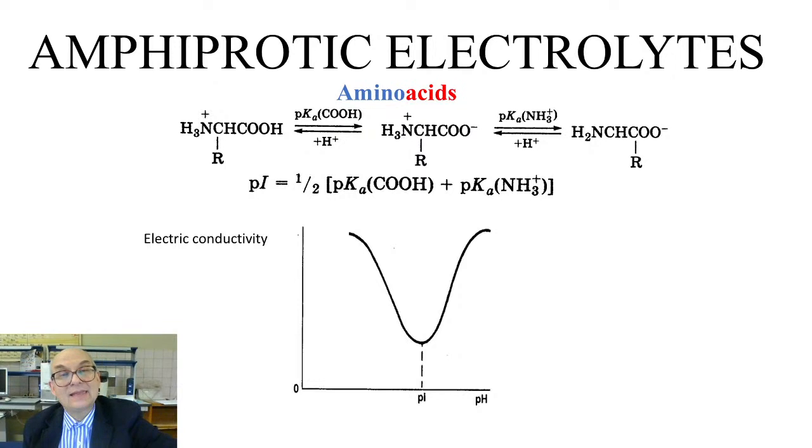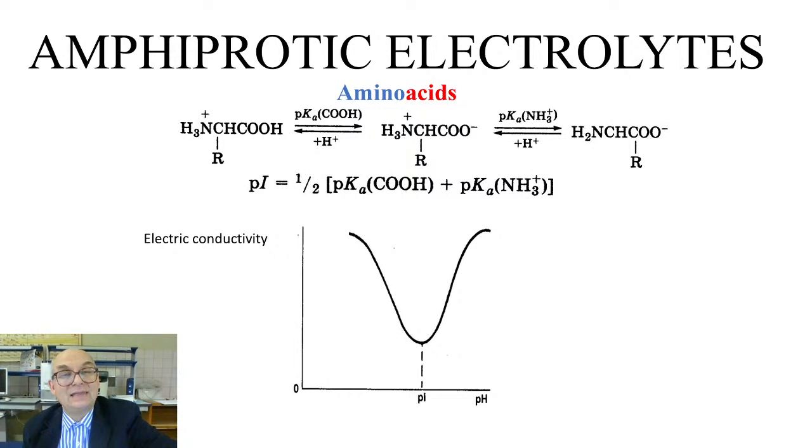How is it possible to calculate isoelectric point pI for the ordinary amino acids? Isoelectric point is a medium value of pKa1 and pKa2.